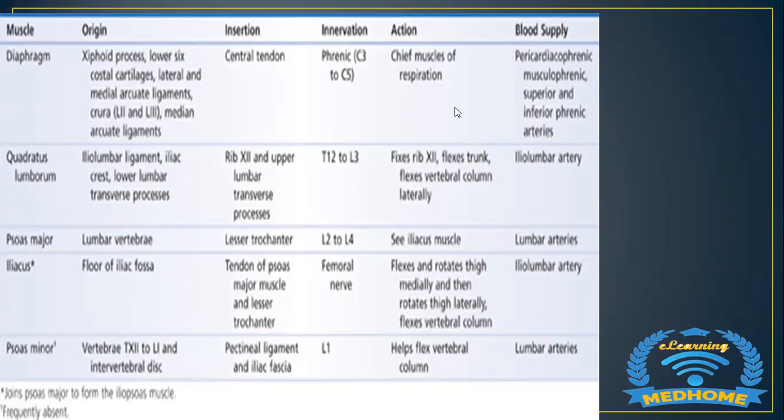Iliacus originates from the inner aspect of the iliac crest, and it is inserted along the psoas major tendon. The action of all of these muscles is flexion of the hip joint, and also flexion of the vertebral column as well. Excellent.